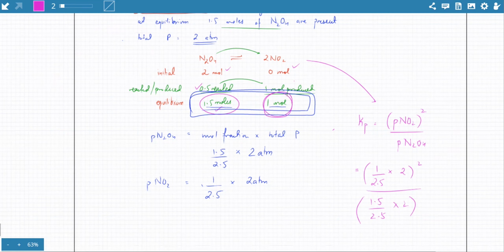Just 1 second. Who tried? So for Sanjita, it's coming out to be 1.2. Sanjita, can you calculate the total thing?